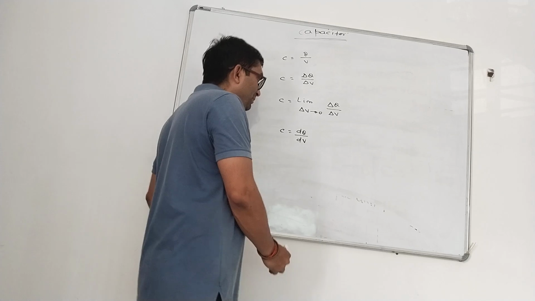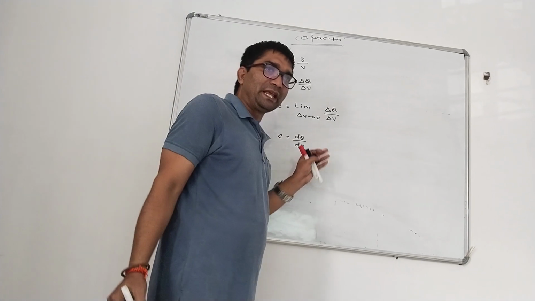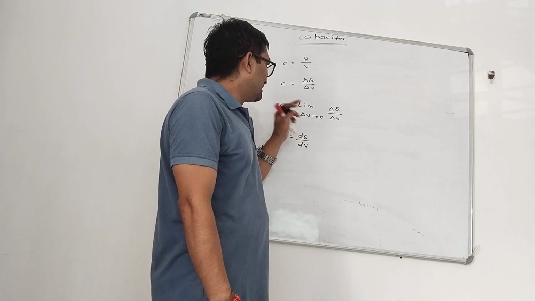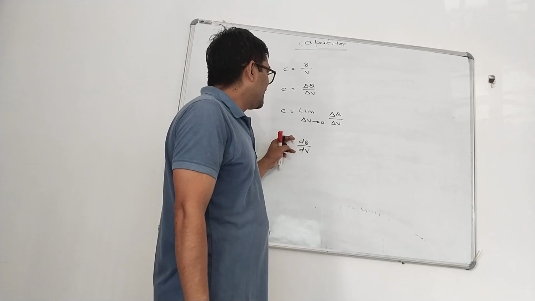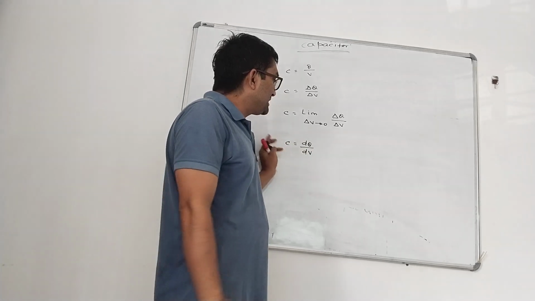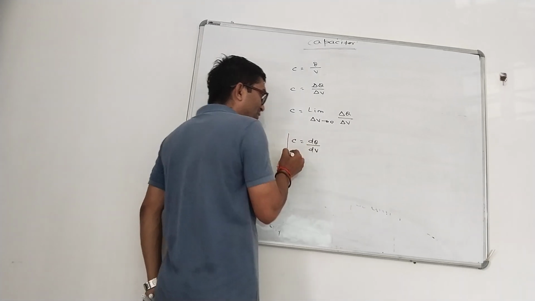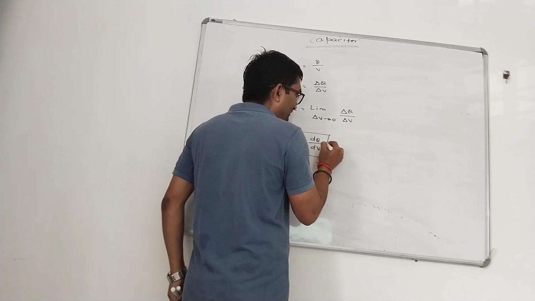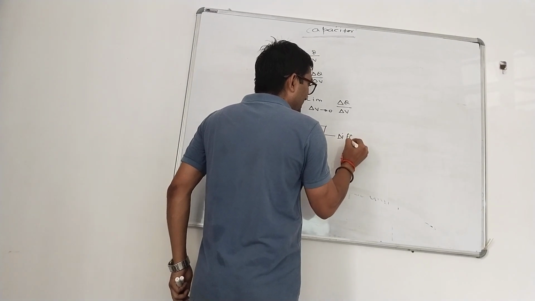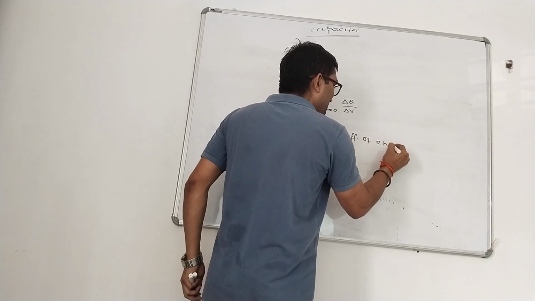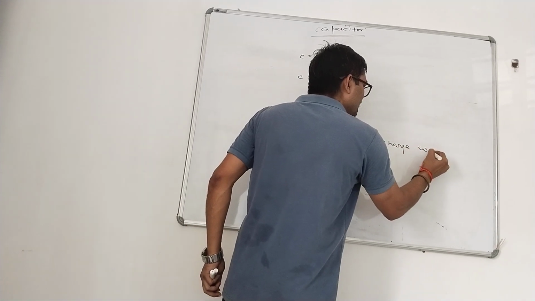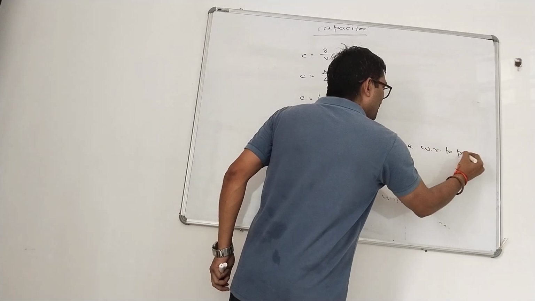Because all of you know, I have already discussed in the previous lecture, when change is very small, in that case we use the concept of differentiation. So basically it is known as the differentiation of charge with respect to potential.